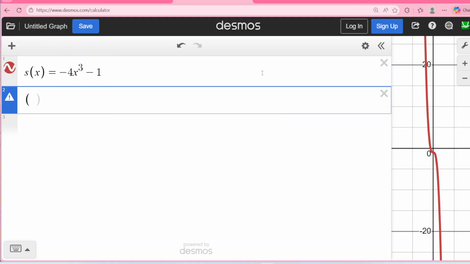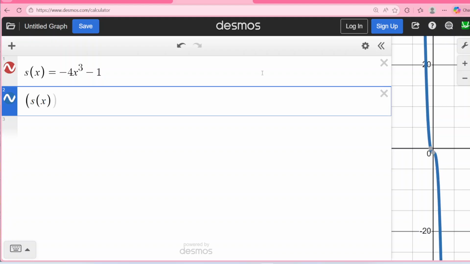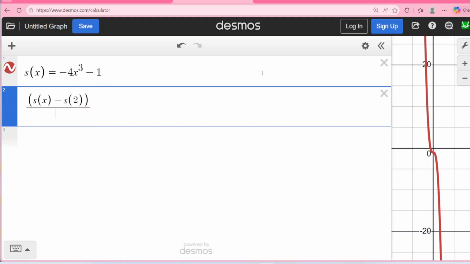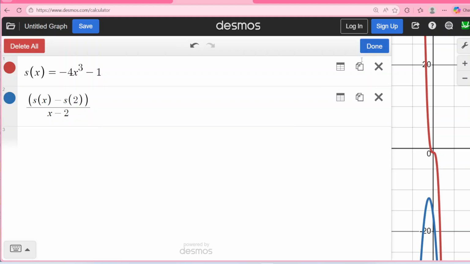Here's an expression that will represent the slope of any secant line, the average velocity at 2 seconds. So it's s at x, again replacing t with x, minus s at 2, divided by x minus 2. Don't pay attention to the graph so much, just focus on the values of these average velocities.